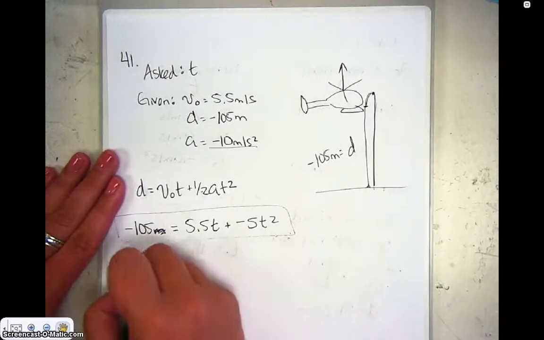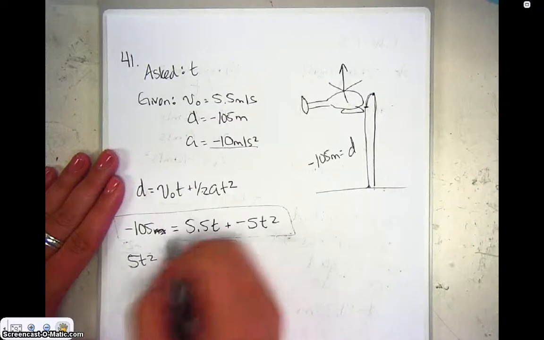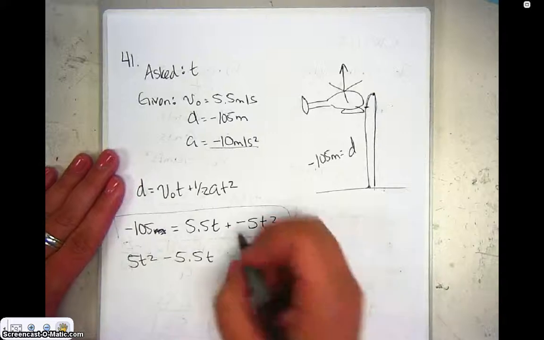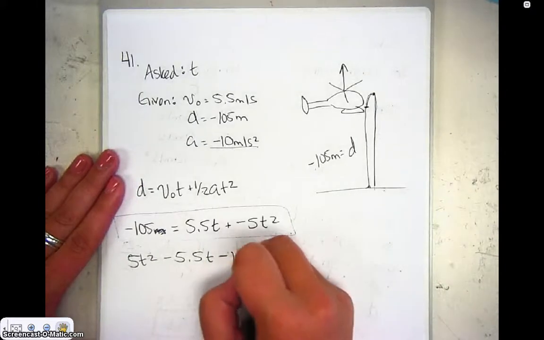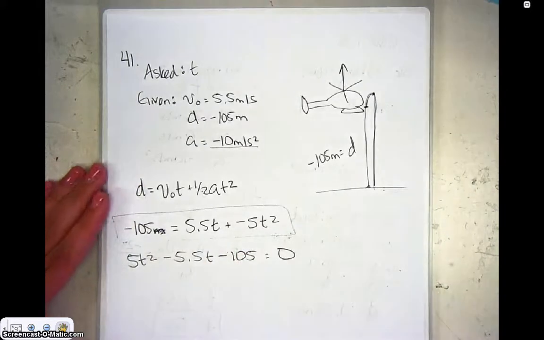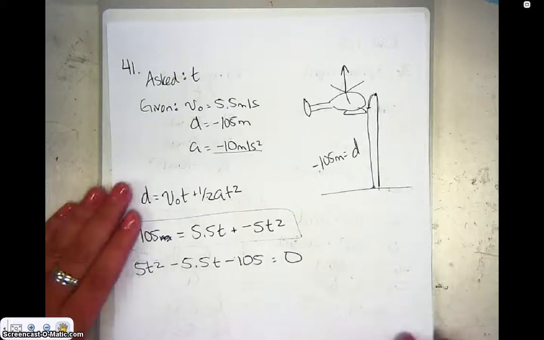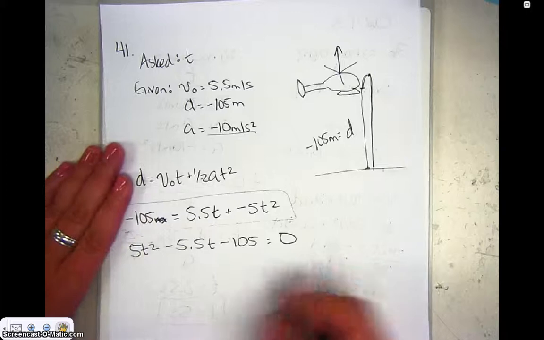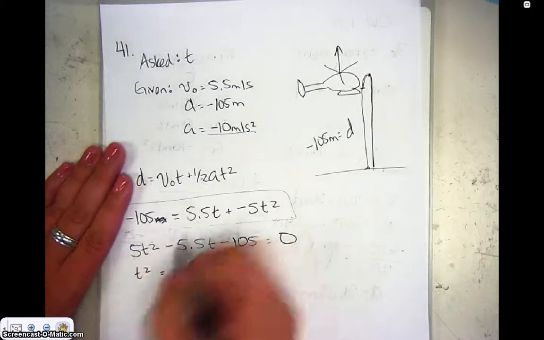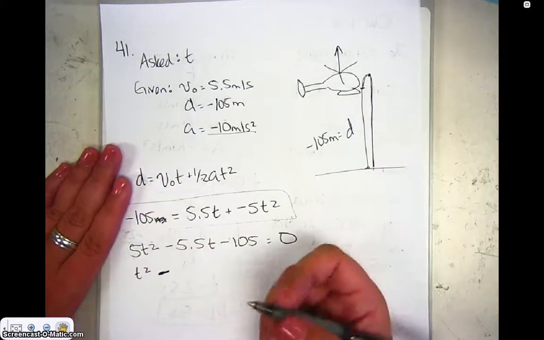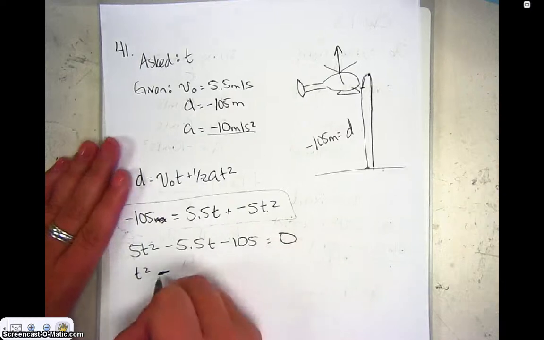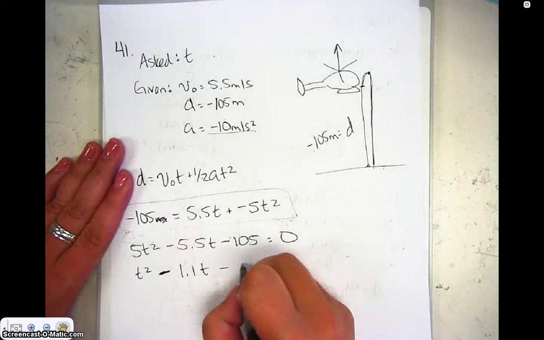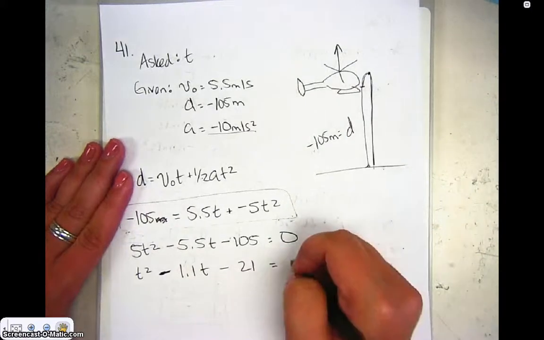So 5t squared minus 5.5t, and then minus 105 equals 0. Now, I can reduce this down even further. If I divide everything by 5, I would have t squared minus 1.1t minus 21 equals 0. You can just punch it into your calculator if you want.